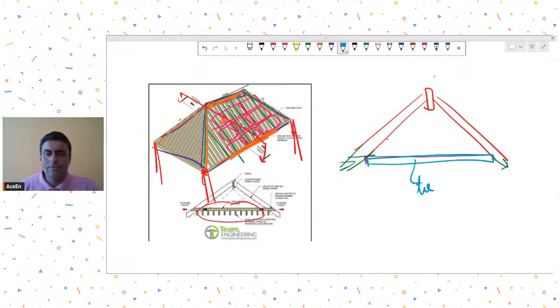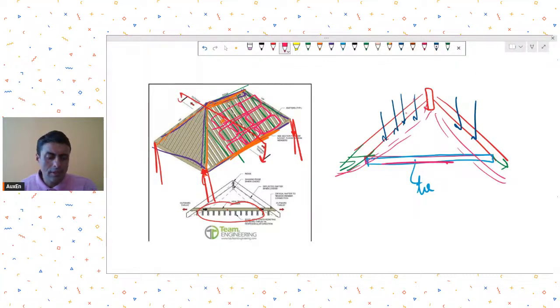So why is this tie being provided? Because, let's say under the effect of gravity load, this will have a tendency to open up. To counteract that opening up tendency, this tie member will be provided.